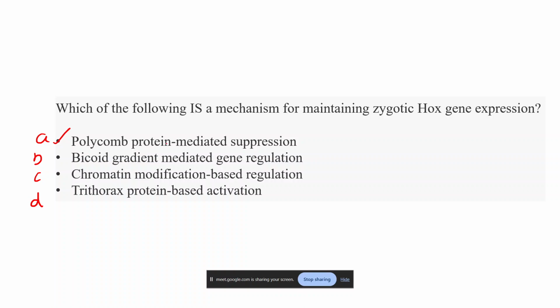Then bicoid gradient mediated gene regulation, this is incorrect. Chromatin modification based regulation, yes, it is correct. It is an umbrella mechanism which includes histone methylation, acetylation, nucleosome remodeling. And both polycomb and trithorax act through chromatin modifications.